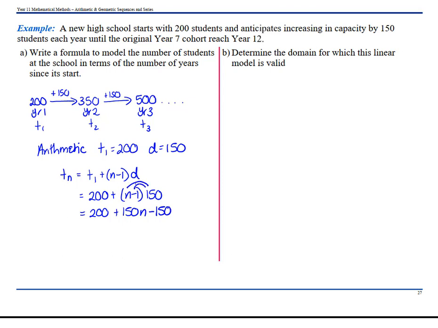So just expanded that bracket out. 200 minus 150 is 50. So we've got 150N plus 50. Okay, so that is the model of what's happening. 150N plus 50, where N equals the number of years since it started.